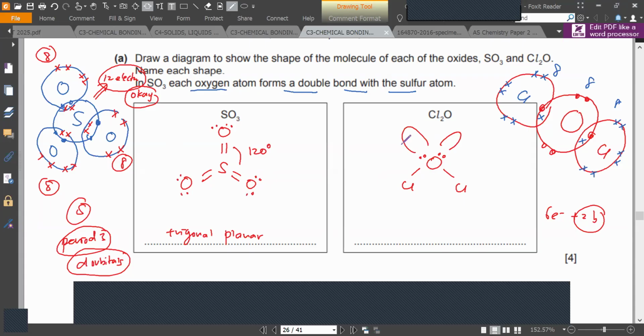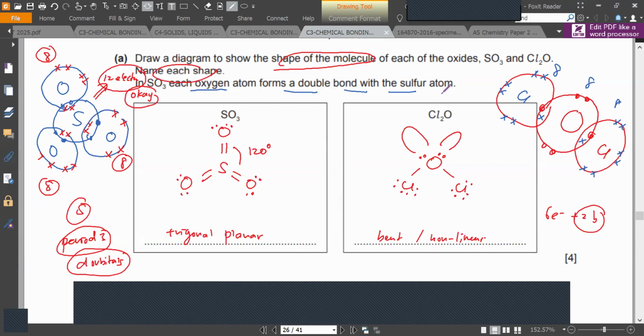We only care about the central atom. How many pairs of electrons around the central atom? So in this case, it will be bent or non-linear.